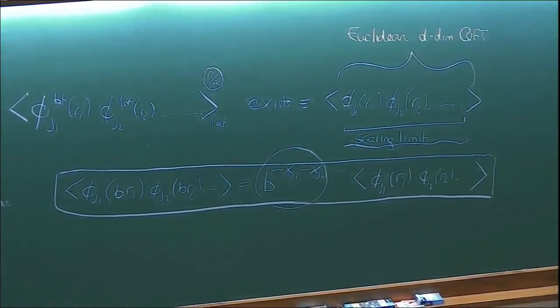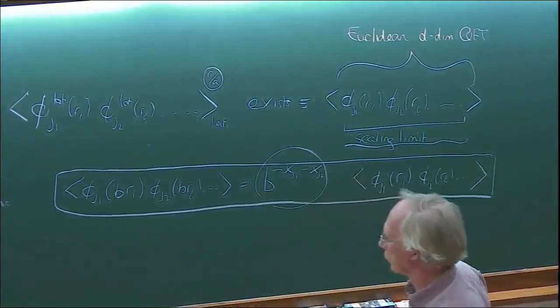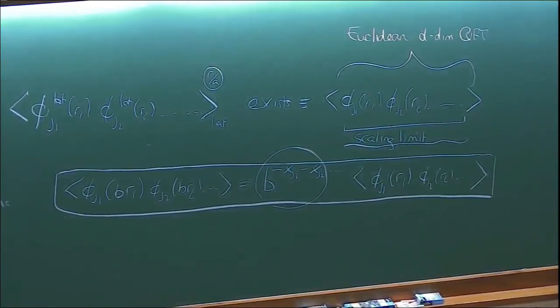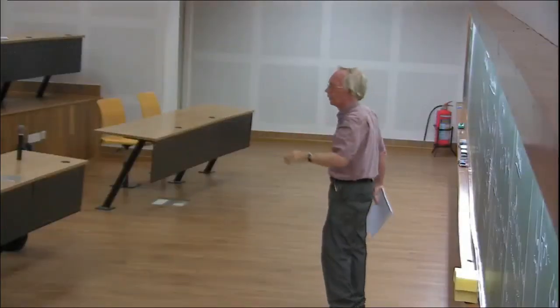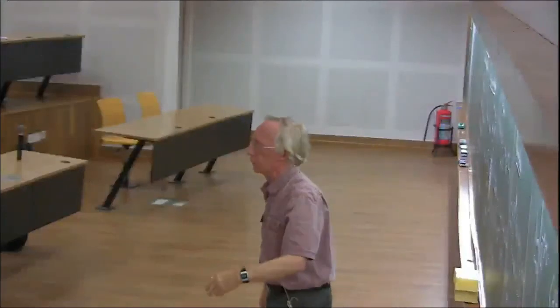One other thing that I should mention about the scaling limit is that if we start with a lattice model which is isotropic, for example, on a square lattice, where the interactions in the x direction are the same as the interactions in the y direction, so it definitely has a symmetry under 90-degree rotations, then in the scaling limit that symmetry gets lifted to full rotational invariance.